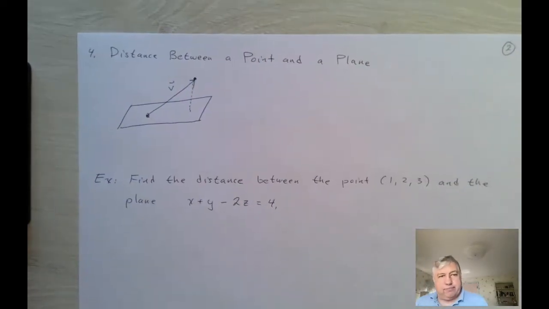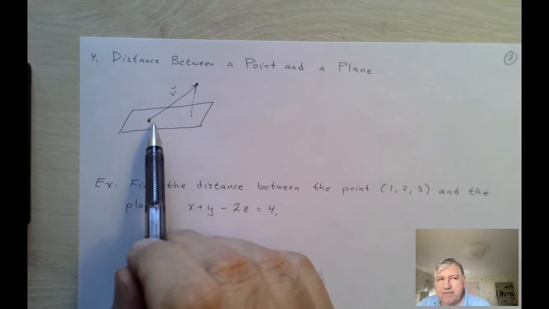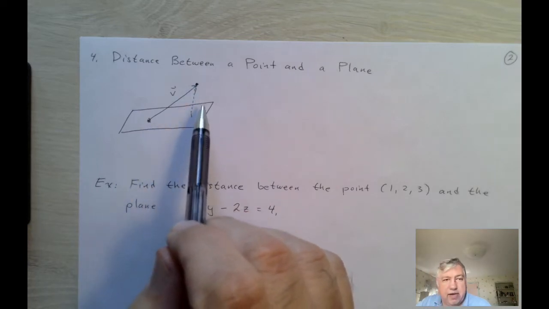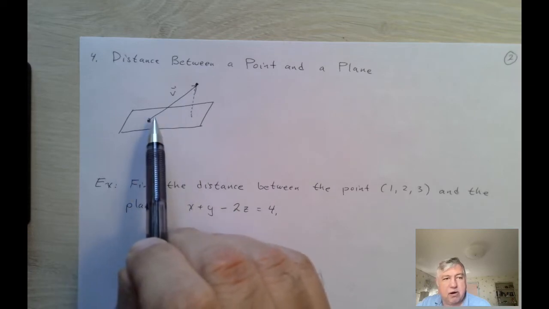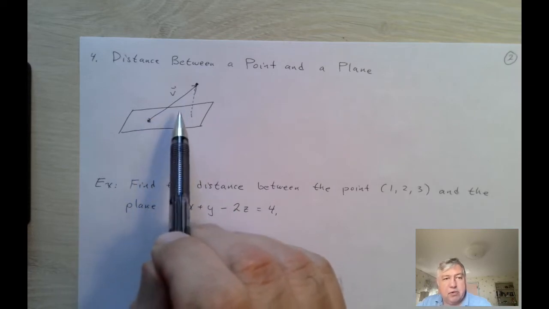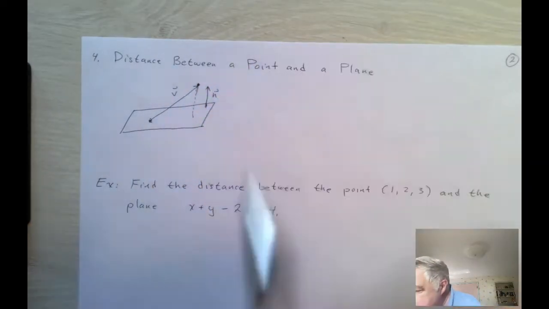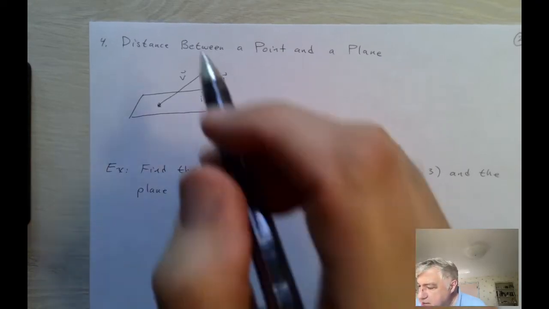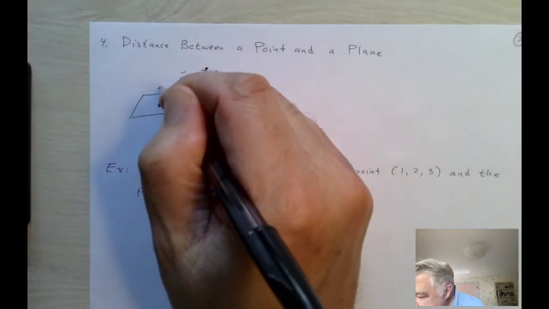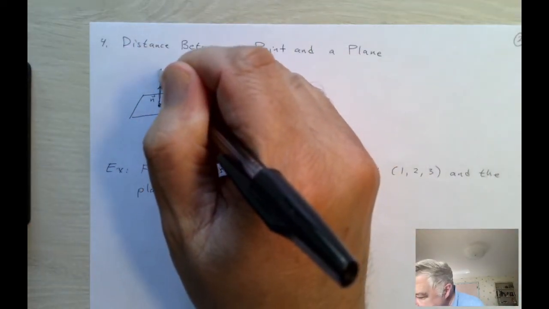All right, now in this case we want to project v onto a vector that's perpendicular to the plane, because there are just so many vectors embedded in the plane, right? Remember, the normal vector n is orthogonal to the plane. So we can project v onto this vector n. And when we do that, the projection will be here.